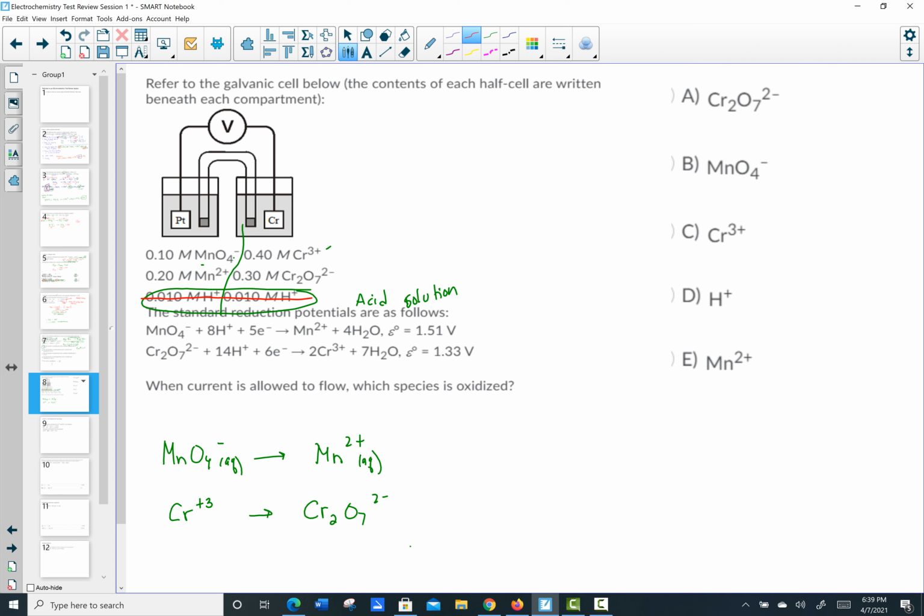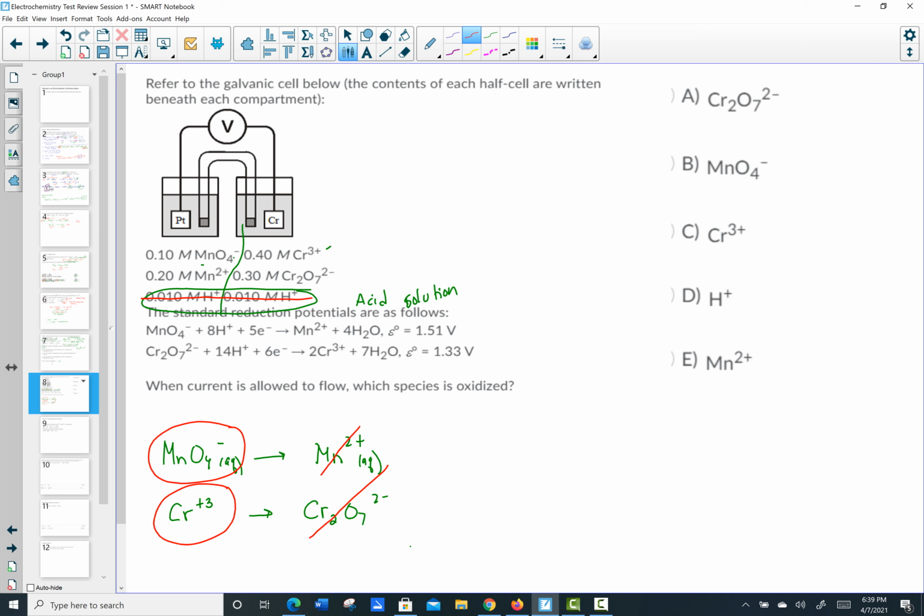The other really important clue is notice that the oxidation and reduction agents are always reactants. So I can toss out Mn plus 2 as a choice because it's a product, and I can toss out dichromate ion because it's a product. The agents are always reactants.